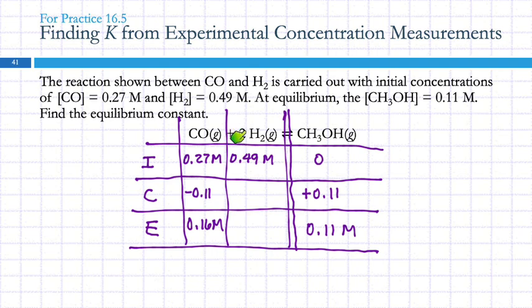Here, it takes 2 moles of hydrogen for every 1 mole of this guy. So this change is going to be 2 times the change that the guys with the coefficients of 1 had. So this is negative 2 times 0.11, 0.22, so this would be 0.27.